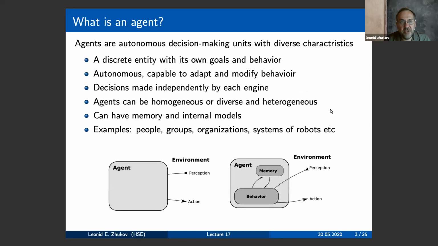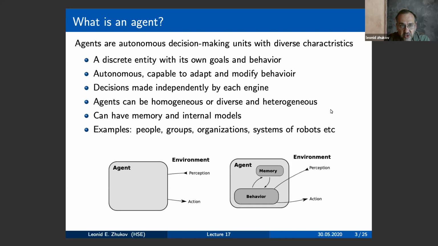So what's an agent? An agent is a discrete entity with its own goals and behavior. Now, you might have exactly identical agents, a homogeneous system, or you can have a heterogeneous system where agents are different and behave differently.